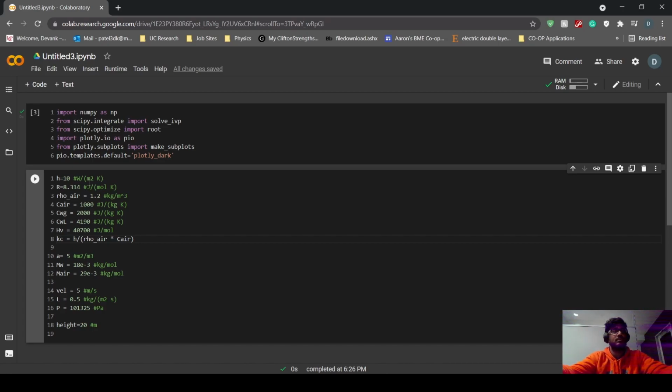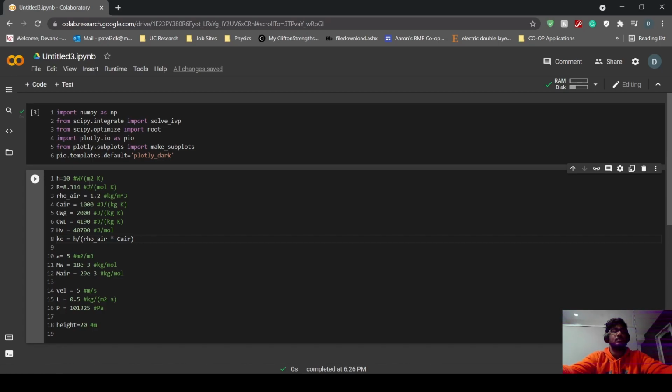The heat capacity of the air is 1,000 joules per kilogram per Kelvin. The heat capacity of the water in the gas phase is 2,000 joules per kilogram Kelvin. The heat capacity of the water in the liquid phase is 4,190 joules per kilogram Kelvin. And then the enthalpy of vaporization of the water is 40,700 joules per mole.